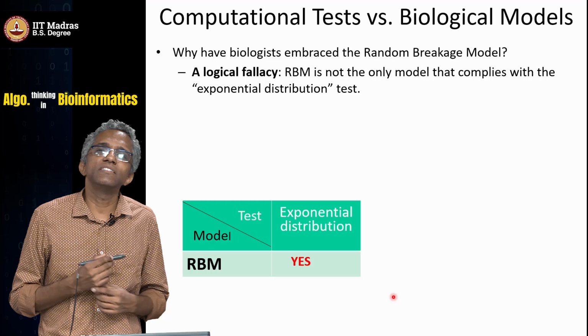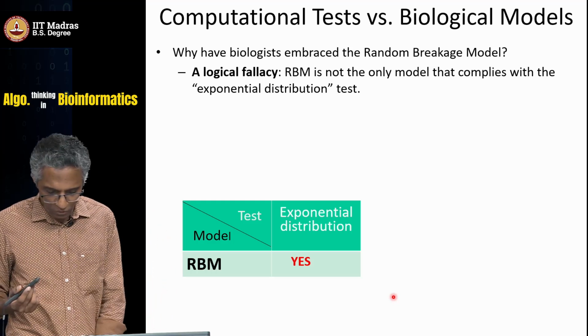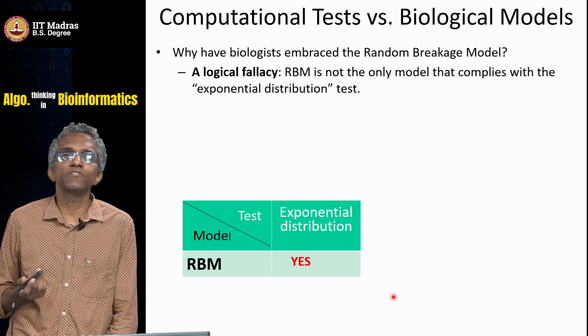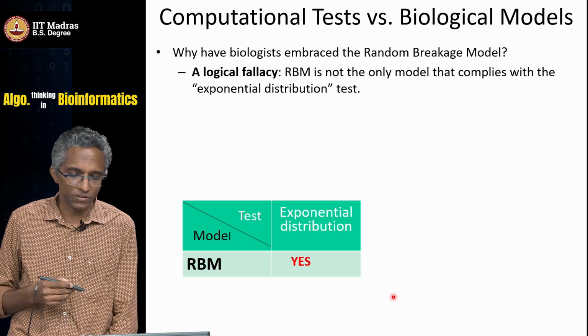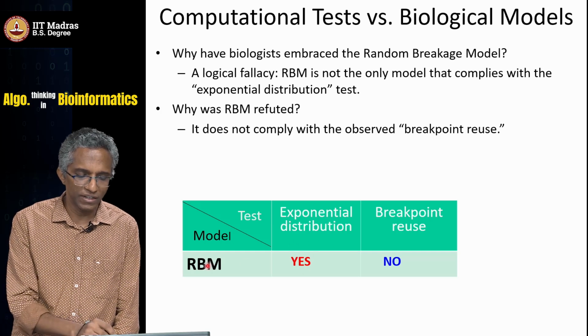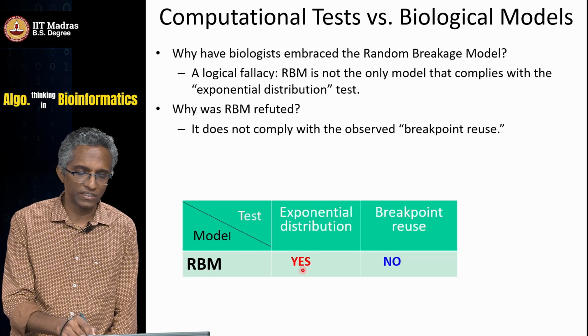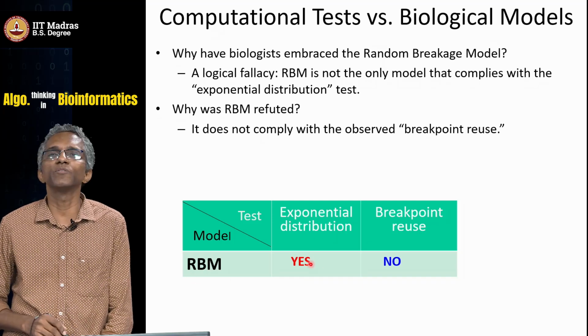To understand this apparent contradiction, we have to look at multiple implications of a particular model and whether the observed data matches all of those implications. For instance, the random breakage model is consistent with the exponential distribution of block lengths, and there is statistical evidence supporting that.